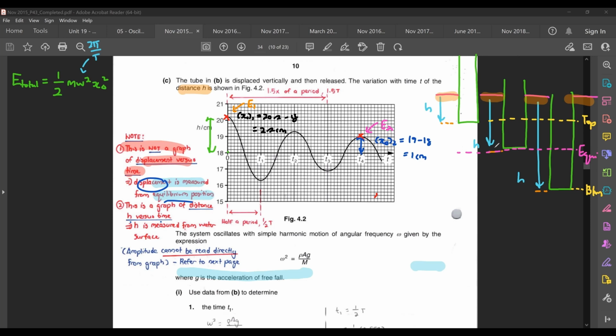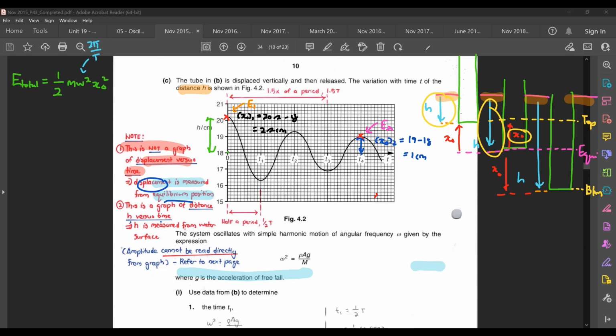When you're talking about your amplitude, it is really this one or this one. Okay, to get your amplitude position for this function here, you take this height minus this height. This one will give you your amplitude.